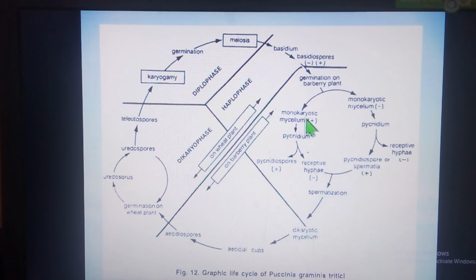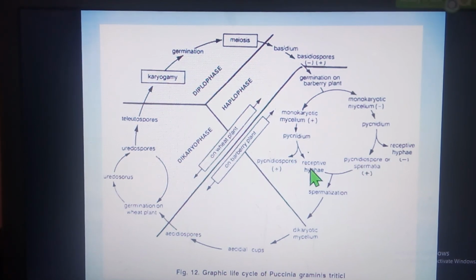In the case of the positive type, we have positive pycniospores, which come in contact with the negative receptive hyphae with the help of insects. Also in the monokaryotic negative mycelium, we have a negative receptive hypha, which comes in contact with the positive pycniospores.